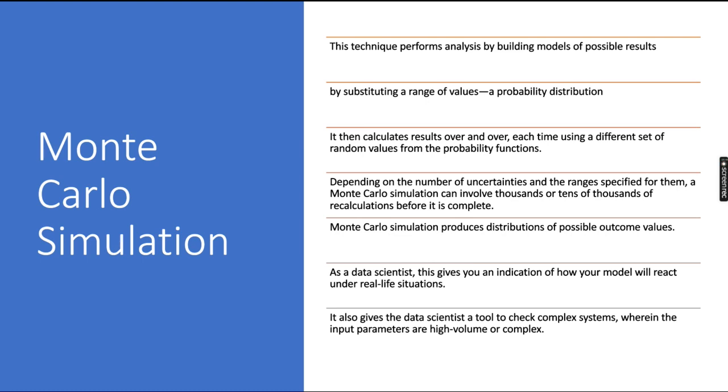That's why it's so complicated to do the calculations again and again. Monte Carlo simulation produces distributions of possible outcome values. As a data scientist, this will give an indication of how the model will react in a real life situation. It also gives the data scientist a tool to check complex systems wherein the input parameters are high volume or complex.